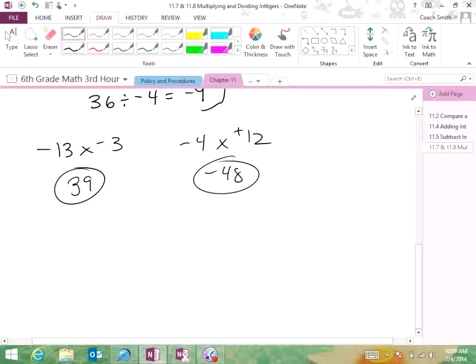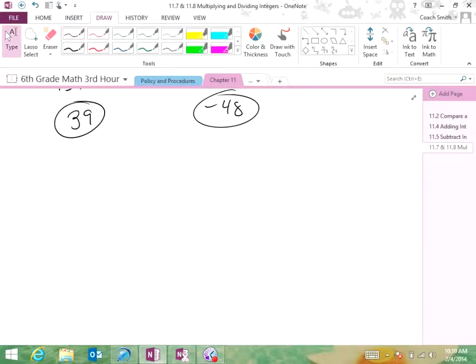Okay, what would positive 20 divided by negative 2? Let me change that positive sign to a little bit smaller. Positive 20 divided by negative 2. Joshua? Yeah, you're right. Negative 10.